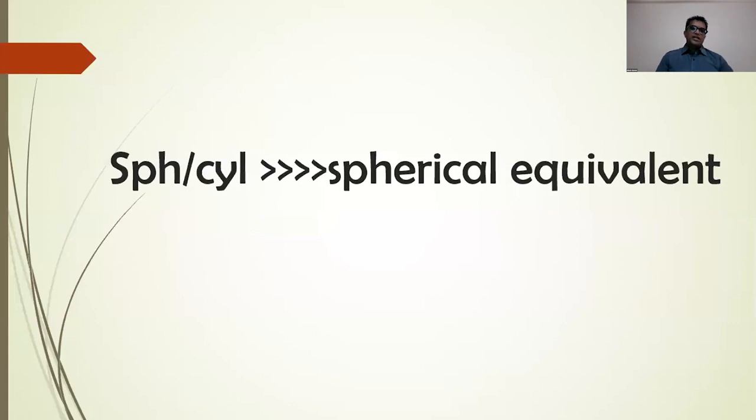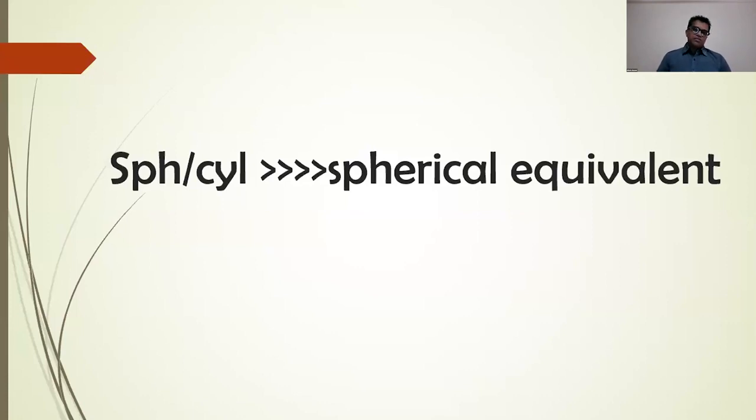You tell the patient about spherical and spherical equivalent. You have a spherocylindrical combination, like I said, about -6 with 1.5 diopters in one eye that you're showing with 6/6 vision, and then you give a spherical equivalent combination, say about -6.5 diopters. With the -6.5 diopters, the patient is reading about 6/12 or partly 6/9, and then the patient realizes, no, I'm seeing much better with the spherocylindrical combination.